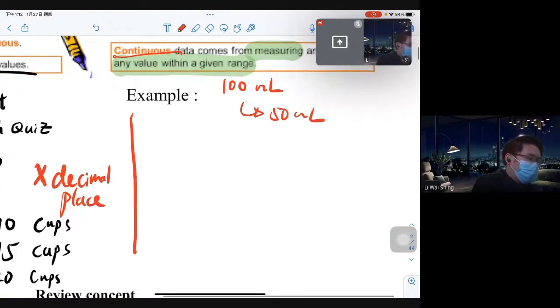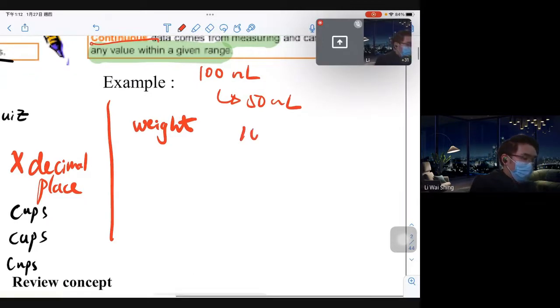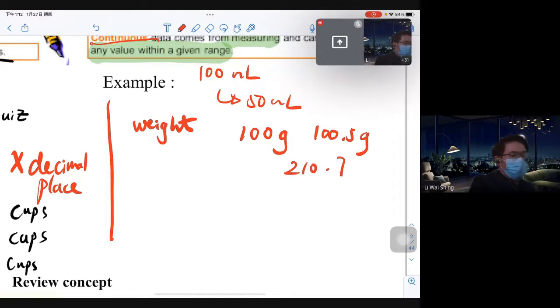So when we talk about the weight, yes, it's a continuous data because between 100 grams, you can have 100.5 grams, you can have 210.7 grams. So it is not discrete. You can't count it one by one. It is inside a range.